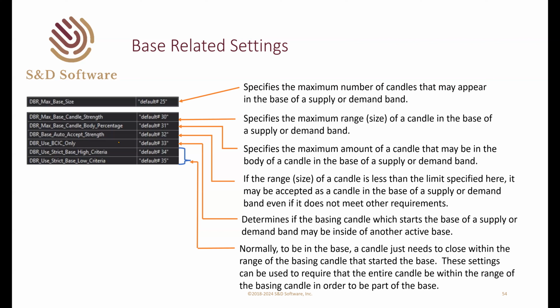Now, the next setting, the use BCIC only. We talked earlier about how basing candles can be nested. And by default, we allow the tool to use nested basing candles when looking for supply and demand bands.